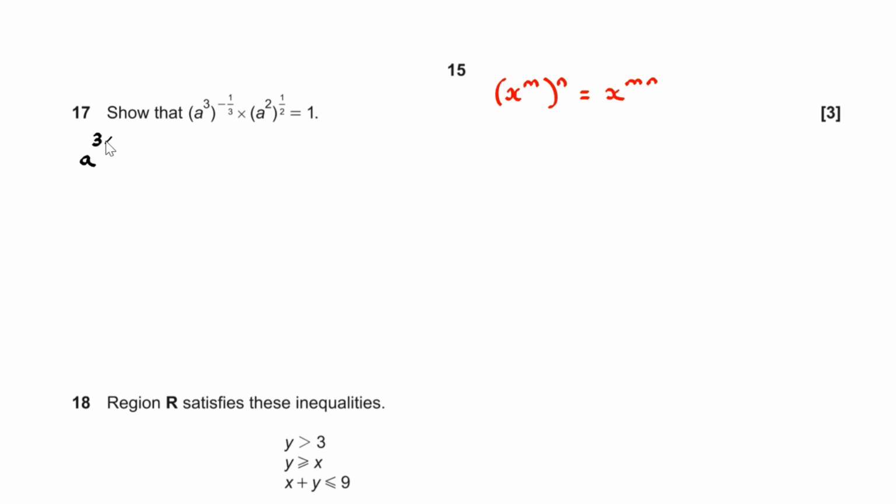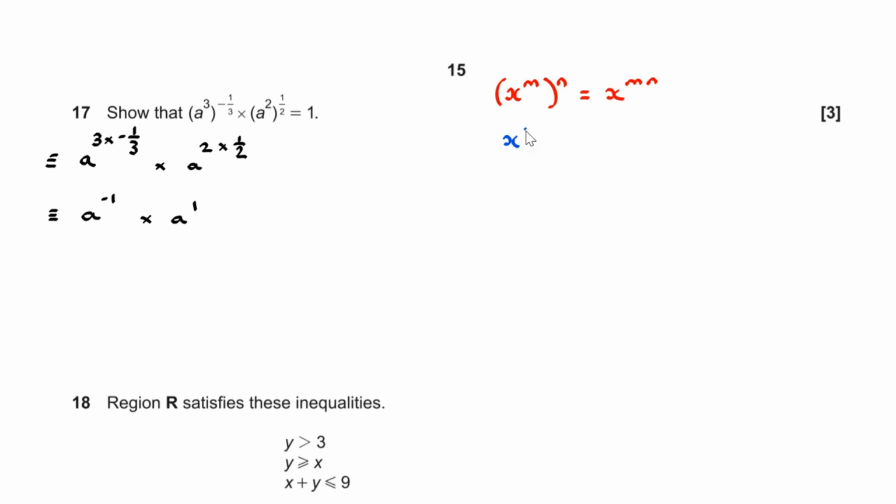of 3 times by minus 1/3, and then we multiply this by, here we'd have a to the power of 2 times by 1/2, and if we tidy this up, we'd have a to the power of minus 1 times by a to the power of 1. We've got another rule of indices, we've got the same base, and then we are timesing, we add the powers.